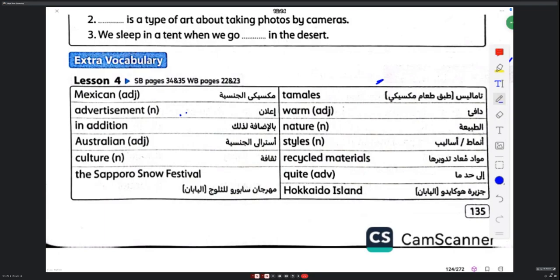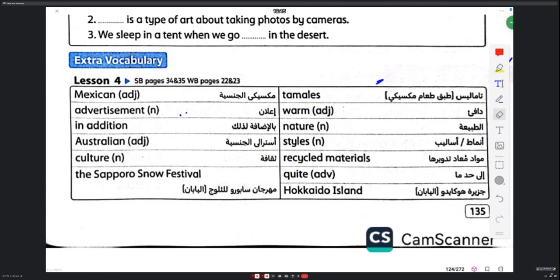Hokkaido Island. Lamar: Adverb with in addition, Australian culture, the Sapporo Snow Festival, travels, verb, natural, styles, recycled, materials, quite, Hokkaido Island.